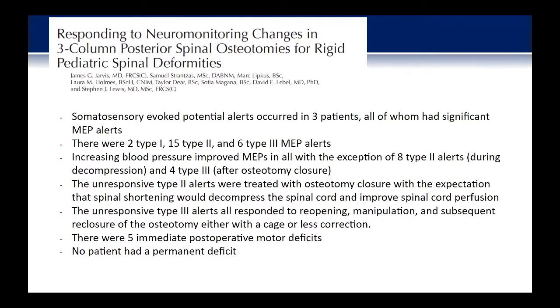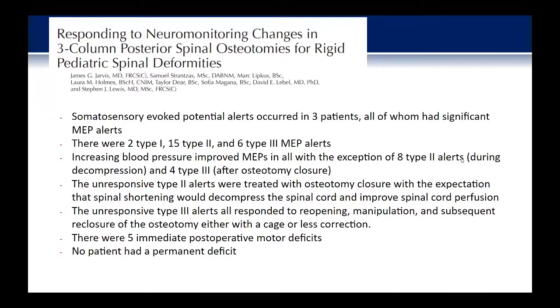Basically, the unresponsive type 2 alerts, the ones happening during decompression, were all treated with osteotomy closure, with the expectation that the spinal shortening would decompress the spinal cord and improve spinal cord perfusion. This was interesting because it hearkens back to what happened during our case, where we felt that there was some stretch along the spinal cord, and that with the spinal shortening we would be able to decompress the cord and improve our neuromonitoring, and that actually did.